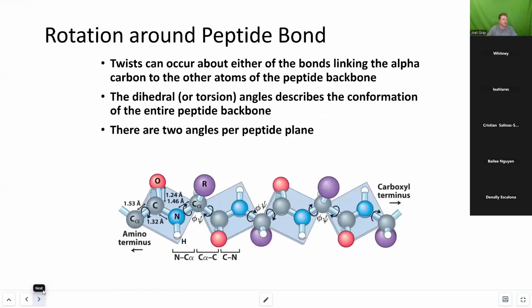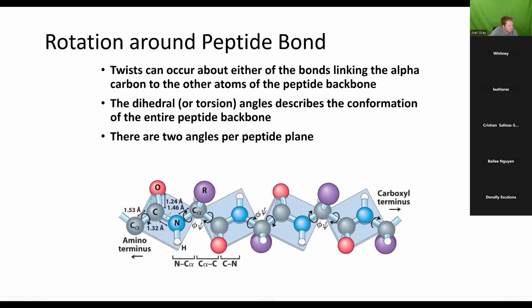Now, the rotations that can take place around a peptide bond. Twists can occur about either of the bonds linking the alpha carbon to the other atoms of the peptide backbone. I'm going to go back to draw and shade in my peptide bond just to give you some familiarity with that. Going from here to here, carbonyl to amine, carbonyl to amine, these are my peptide bonds.